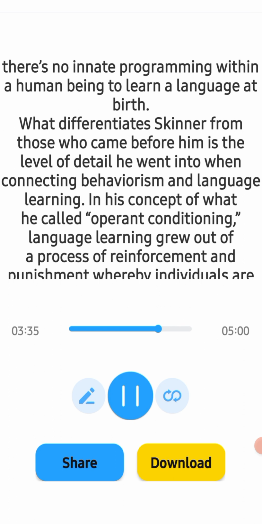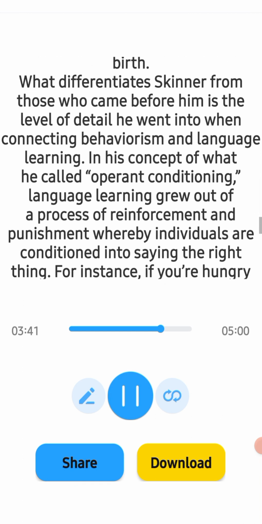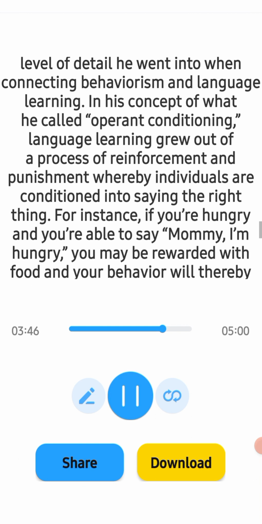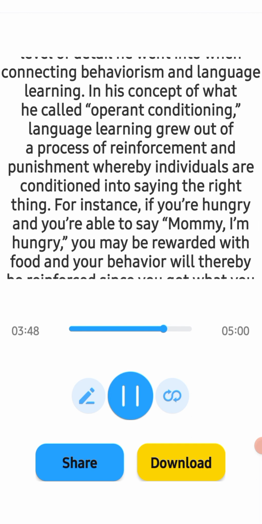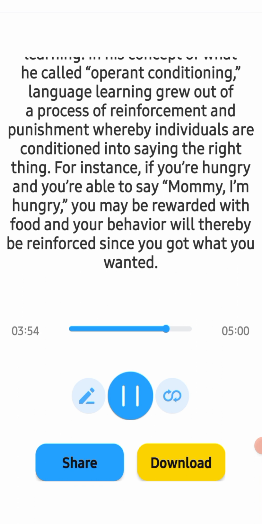What differentiates Skinner from those who came before him is the level of detail he went into when connecting behaviorism and language learning. In his concept of what he called operant conditioning, language learning grew out of a process of reinforcement and punishment whereby individuals are conditioned into saying the right thing.